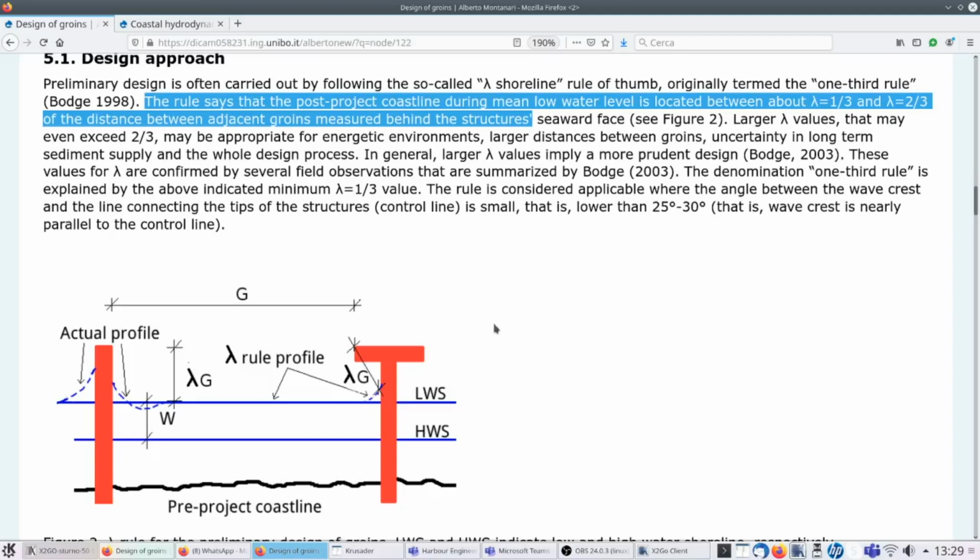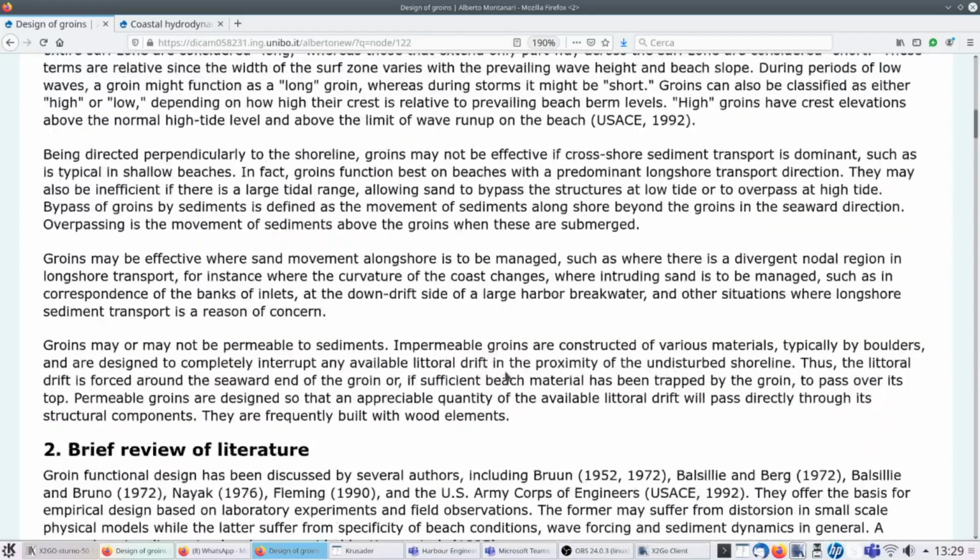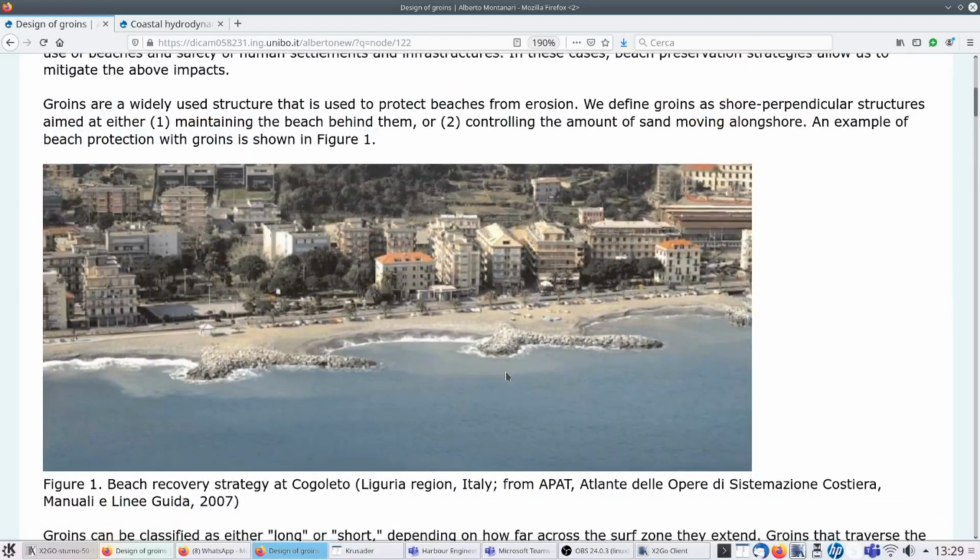Now, I want to show you the figure that I showed you before of Cogoleto in Liguria. I think you can easily recognize the 1/3 rule.